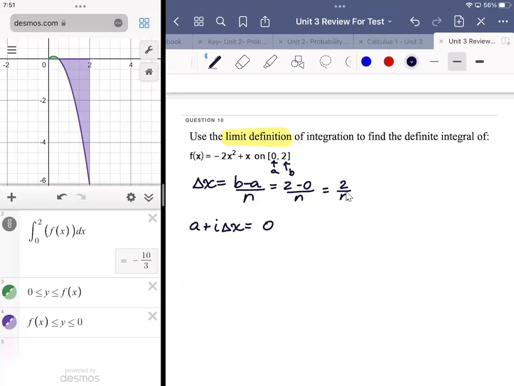So the a value is 0. i times delta x, which is 2 over n. So 2i over n. So then we compute f of a plus i delta x, which is going to replace the x's in the original function with this expression.